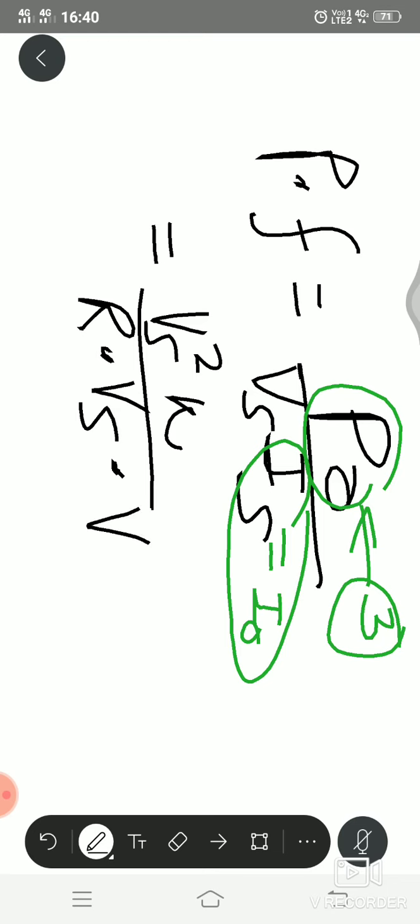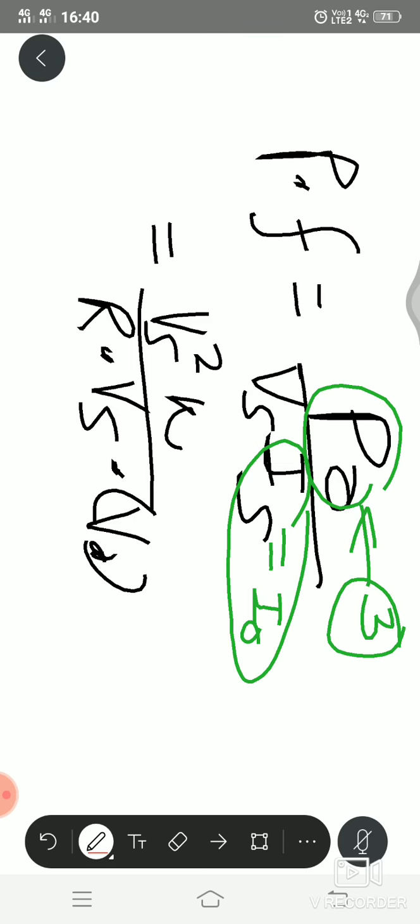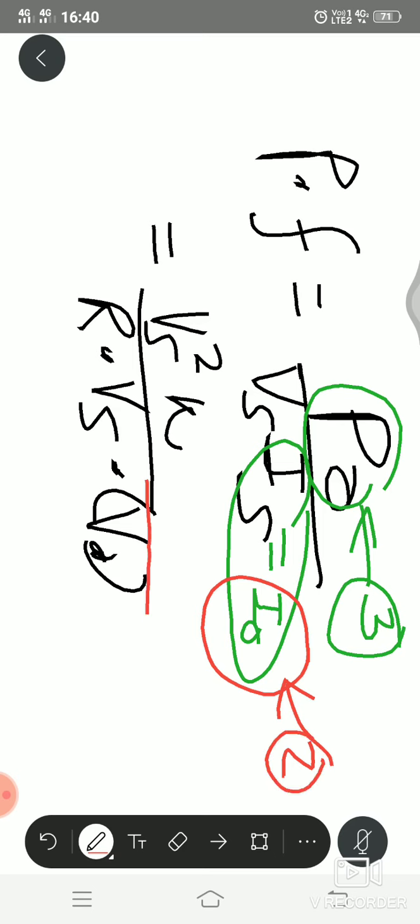So what is I naught? I naught is according to equation number 2, so here you substitute equation number 2, which is V0 RMS by R. So R and R get cancelled out, and one Vs gets cancelled out.